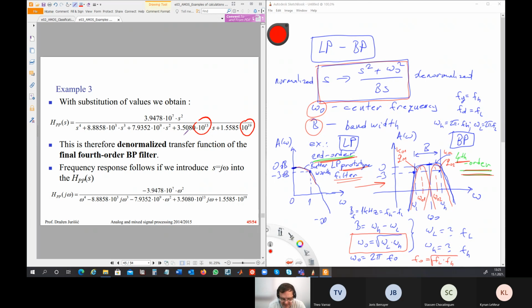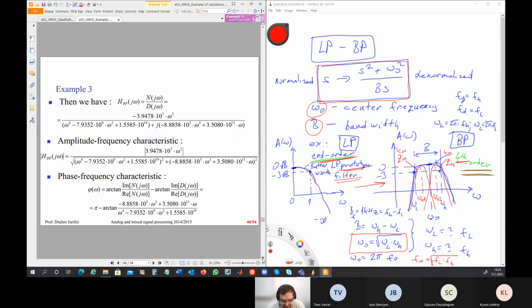If you want to find the frequency response, you have to substitute s equal to j omega, and then you have the following: the amplitude frequency and phase frequency characteristics.